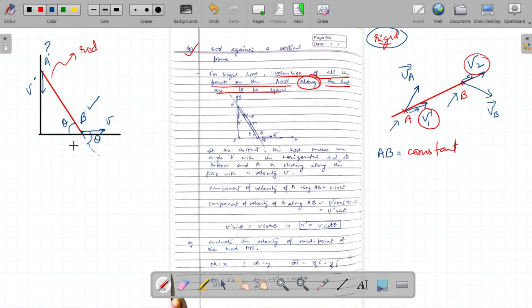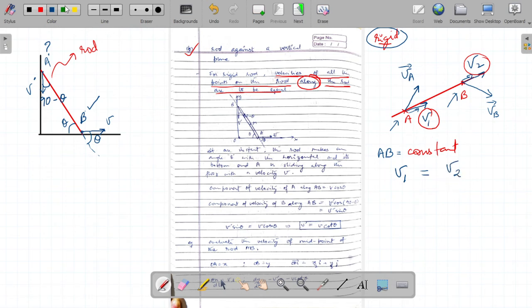So how would we apply this principle here? We know this angle is theta, this is a right angle triangle. This means that this angle would be 90 minus theta. Now the idea is that the velocity of point A along the rod, which was chosen as V1, would be equal to the velocity of point B along the rod, which was chosen as V2.